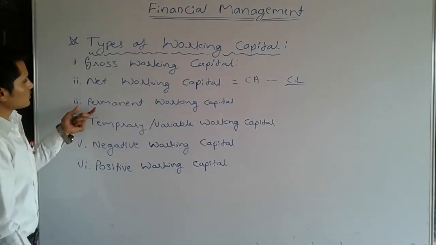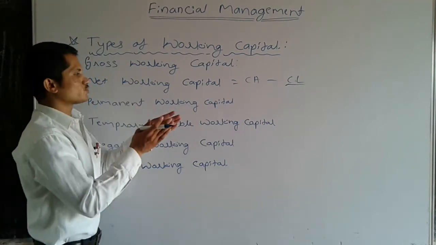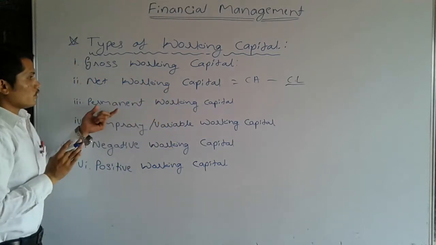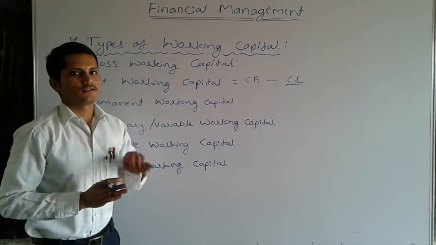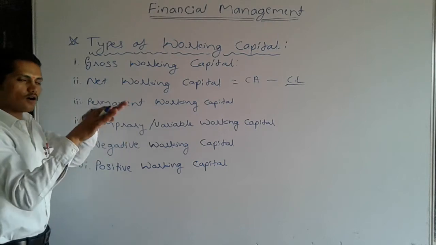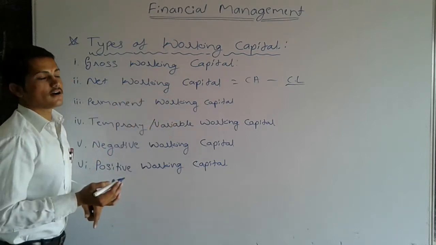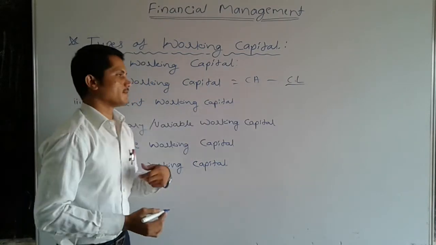The third one is permanent working capital. It is some portion of the total working capital which is kept on a permanent, fixed basis. That is called permanent working capital. For example, cash, bank balance, stocks, etc.